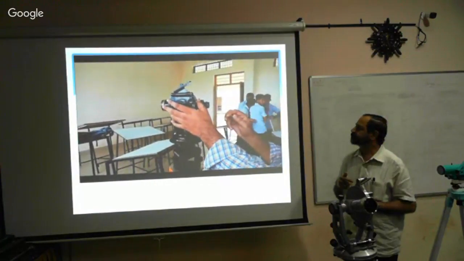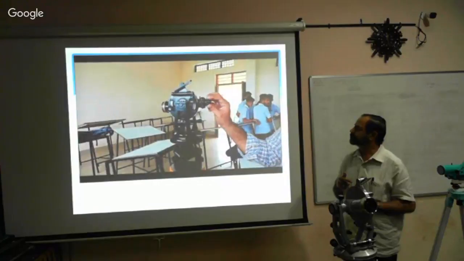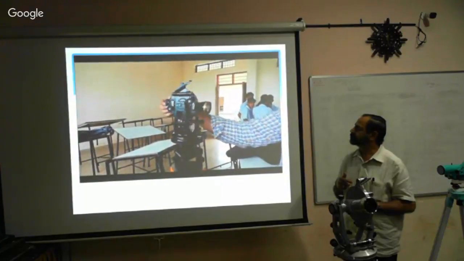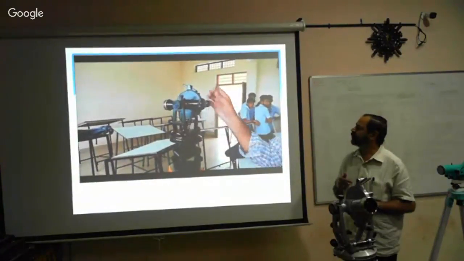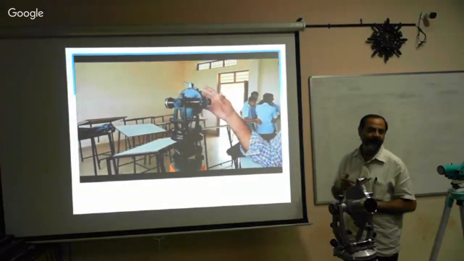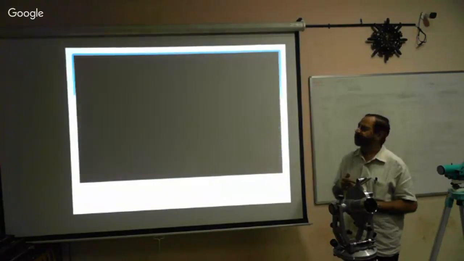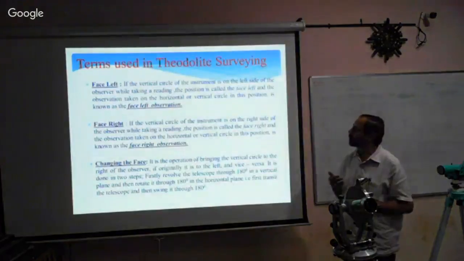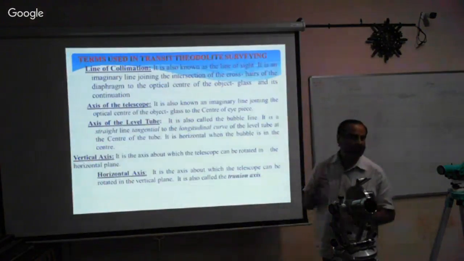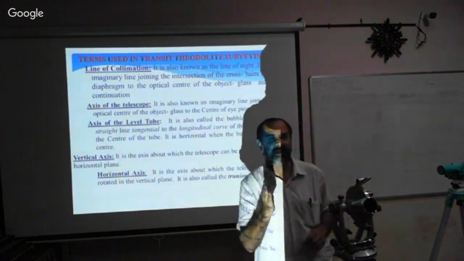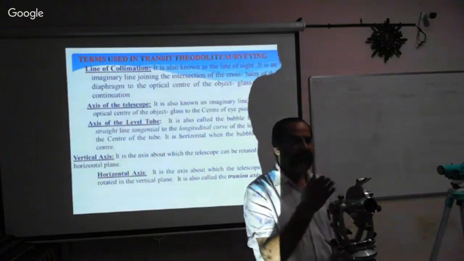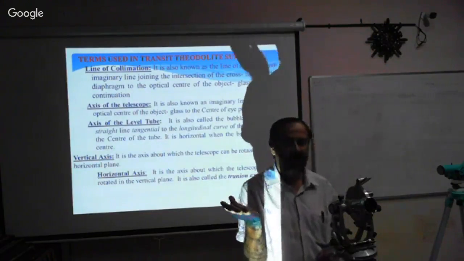For changing into the face right condition, again transit the telescope and swing it to the right. Now this circle will come to the right side of the observer. Face left observation and face right observation.